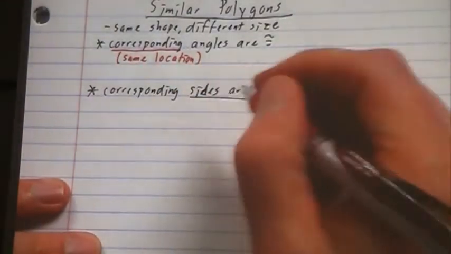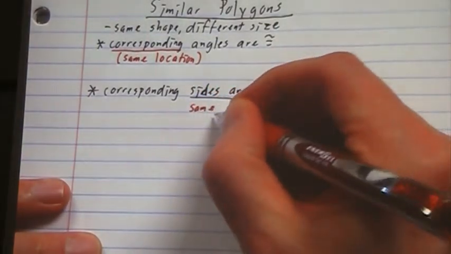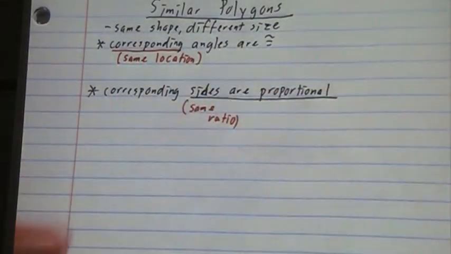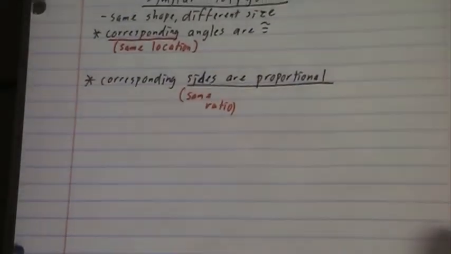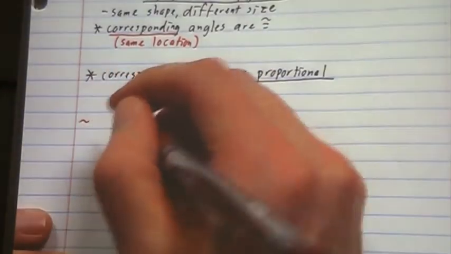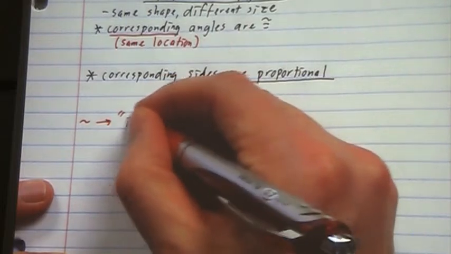And remember, proportional means same ratio. And we have a new symbol. It's a squiggle. The squiggle means is similar to.